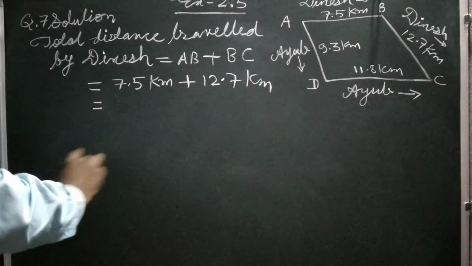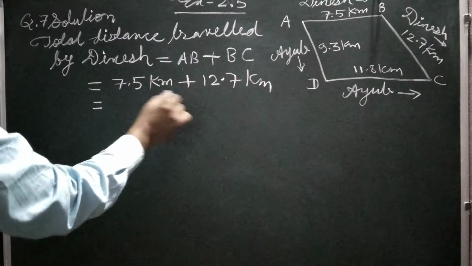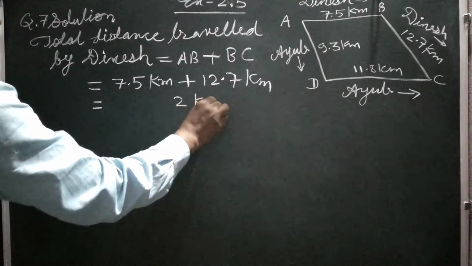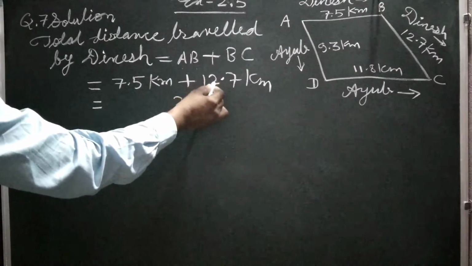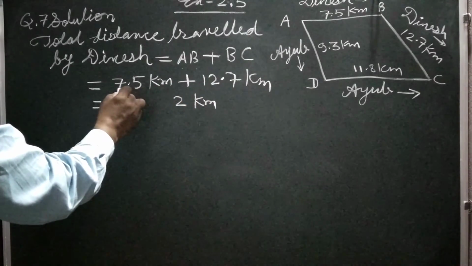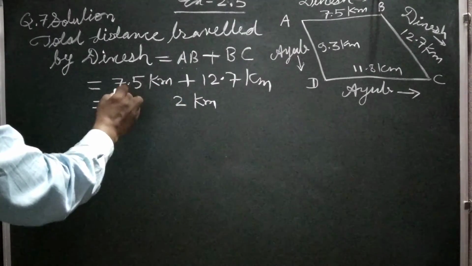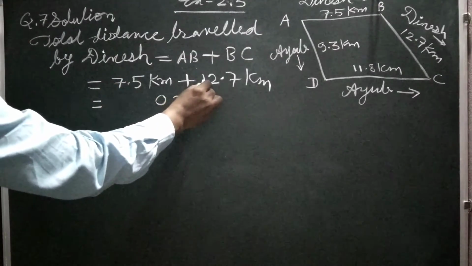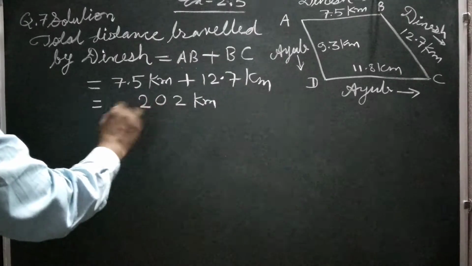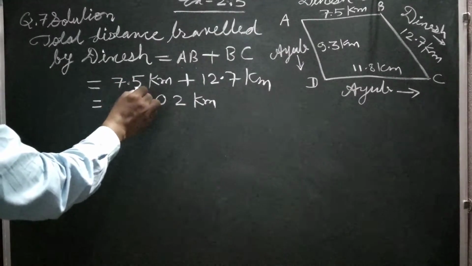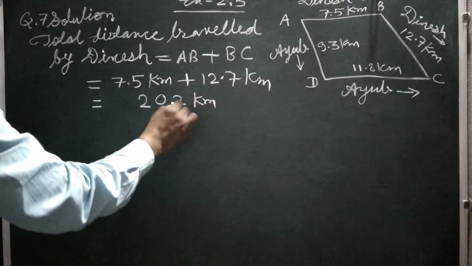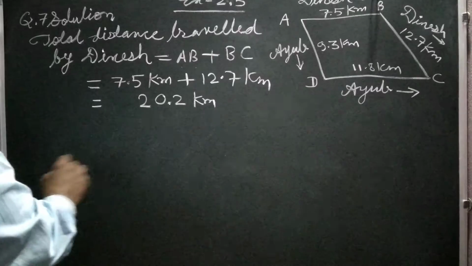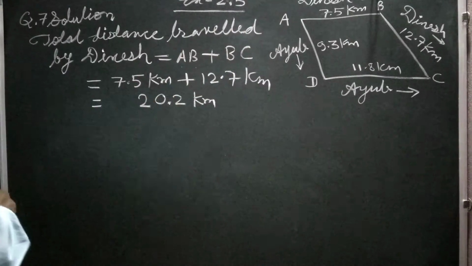Now we will add. 7 plus 5 is 12, carry forward 1, 2 plus 1 is 3, 3 plus 7 is 10, carry forward 1, 1 plus 1 is 2. Here after the decimal there is 1 digit, so 20.2 km is the total distance traveled by Dinesh.